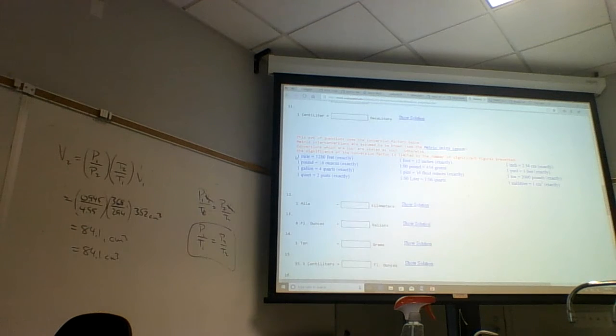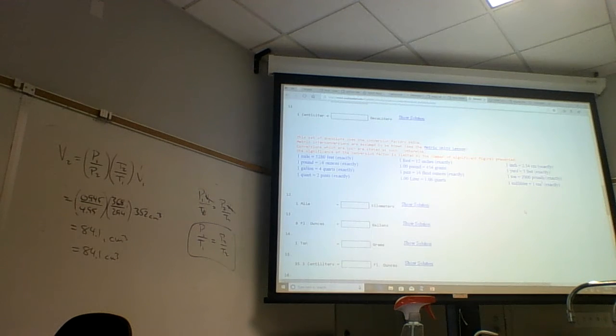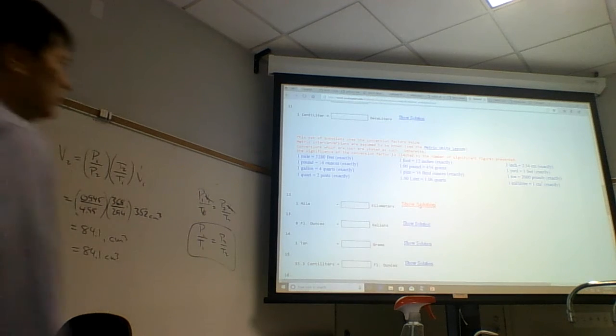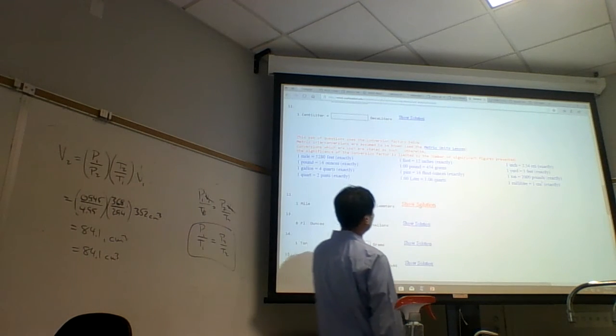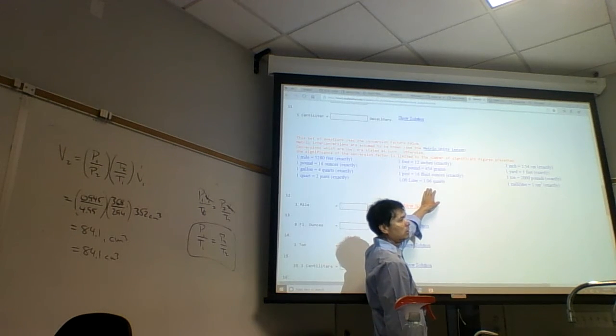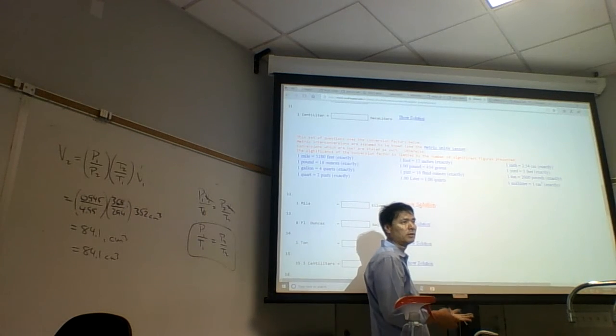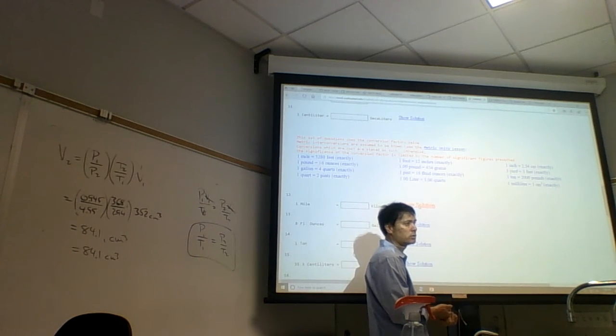There are a whole bunch of conversion factors here that are really useful. Some of these are good ones. Some of these, I don't even bother. 1.00 liters is equal to, no, I don't want to memorize a whole bunch. I'm just going to go with the bare minimum, and is that enough to do all the calculations I need to do?